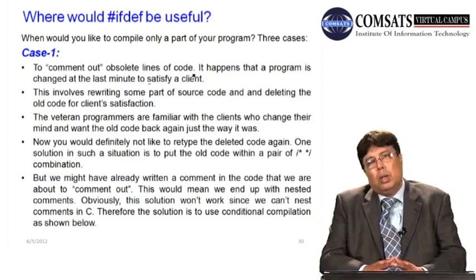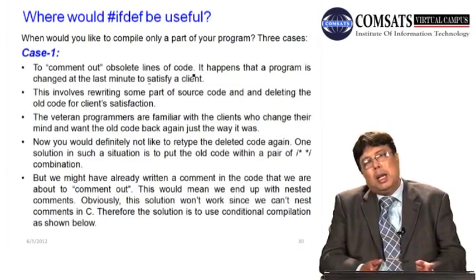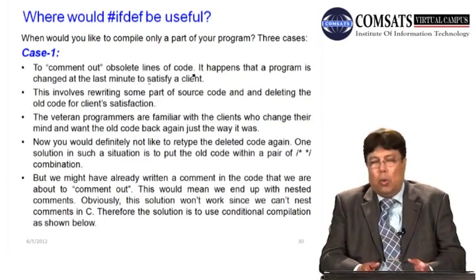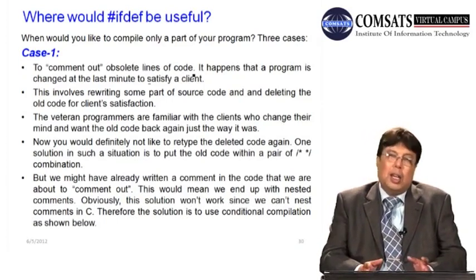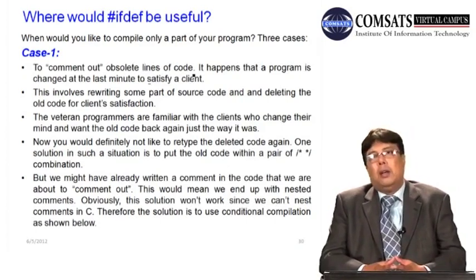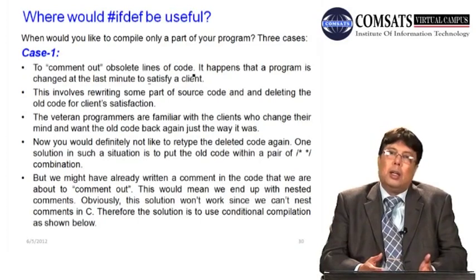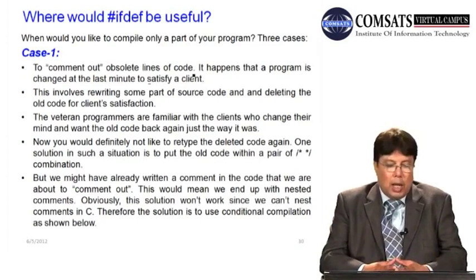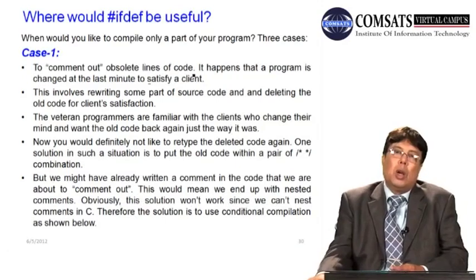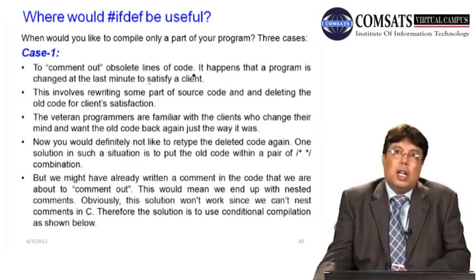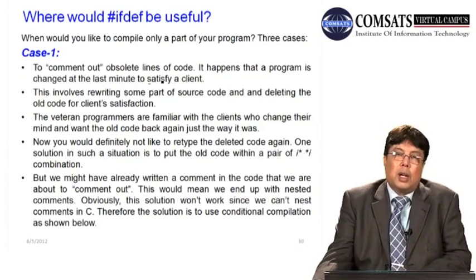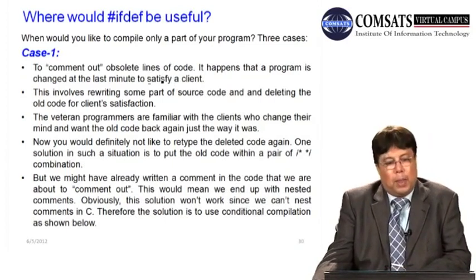What will the programmer do? Recode that, type again, enter the code again, debug it again, test it again? No. If the programmer has intelligently handled the situation and has kept it with the if defined with some header and has used it, then it can always include it by simply removing that particular check. So that is the one good use of conditional compile directives.